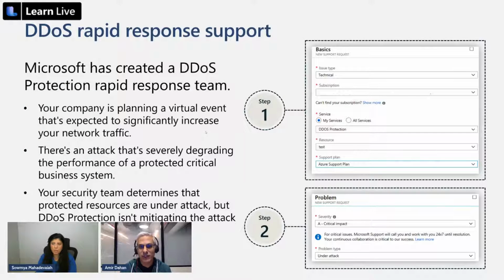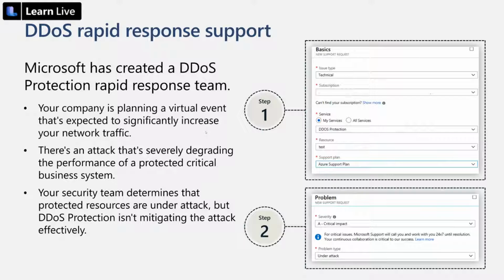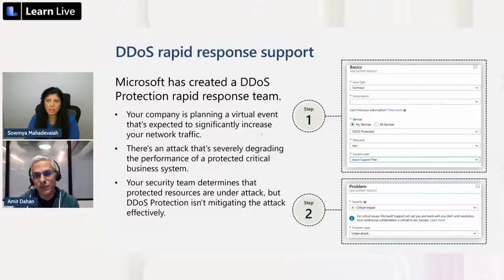Another really important capability is what we call DDoS rapid response. We've established a DDoS protection rapid response team, and this team stands 24/7 up and ready to support customers during real life attacks.